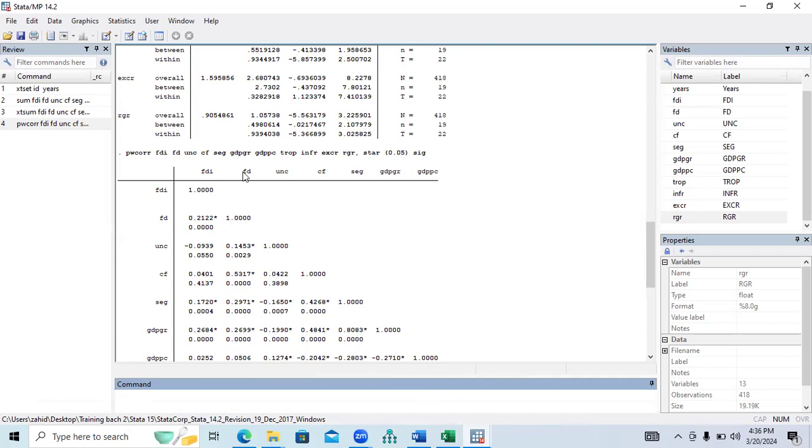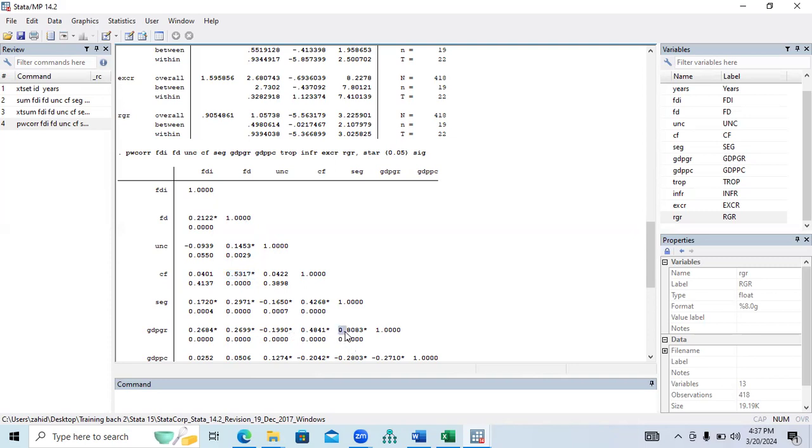From the second column, uncertainty is significantly correlated, but the correlation coefficient value is less than 80%. So we can ignore this, because although it is significant, it is less than 0.80. In the same way, capital formation with FD is also significant, but less than 0.80. So we don't need to worry about any value here.